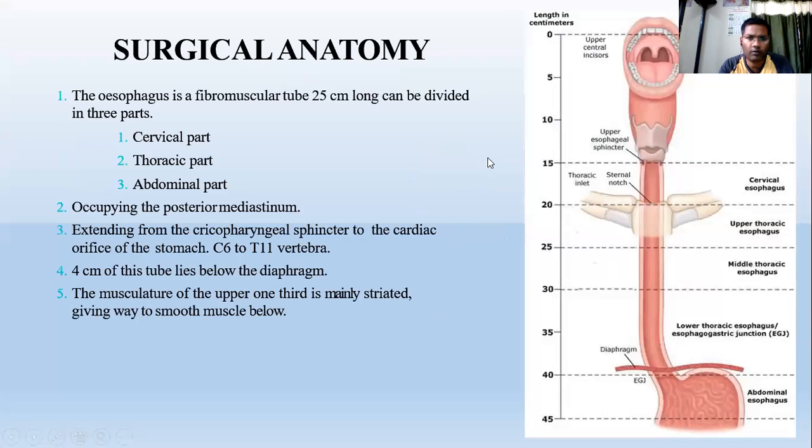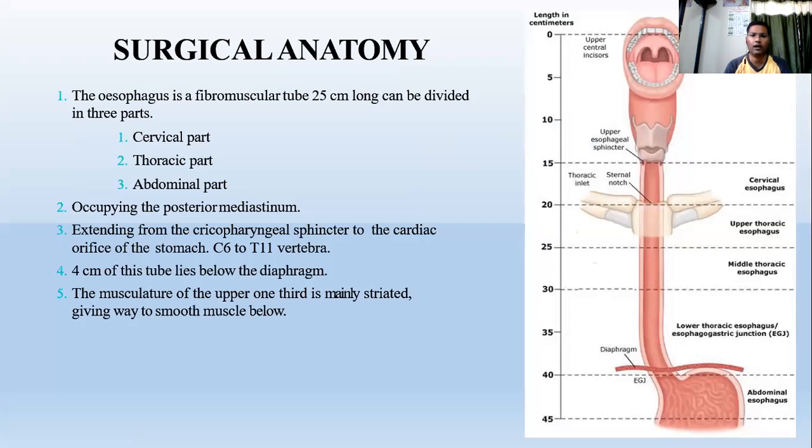So the surgical anatomy of the esophagus, you already studied in first year. It is a fibromuscular organ, almost 25 centimeters long, and anatomically it can be divided into three parts: cervical part, thoracic part, and abdominal part.